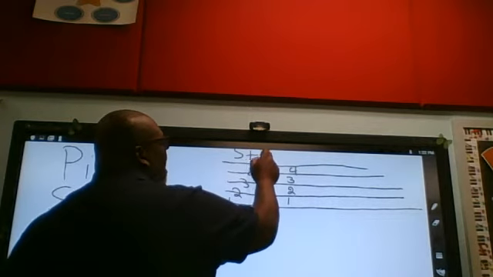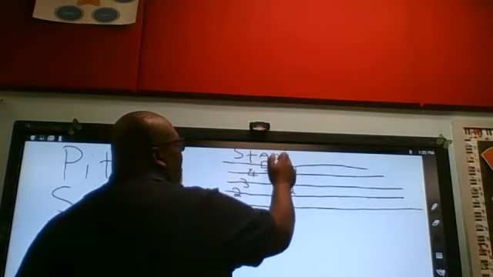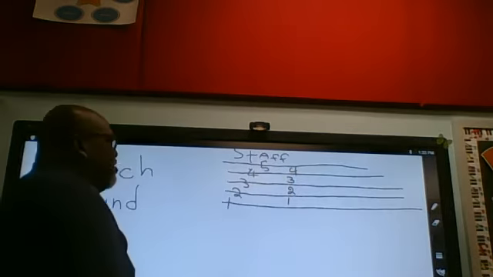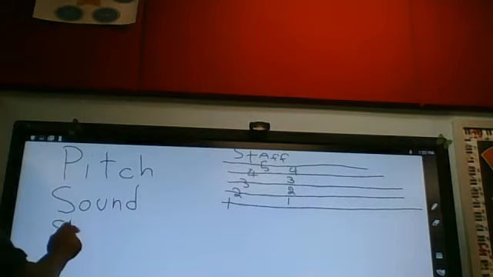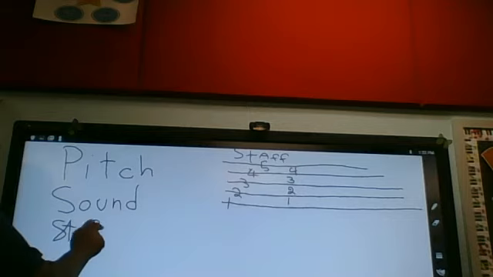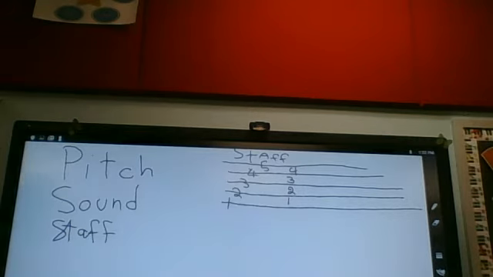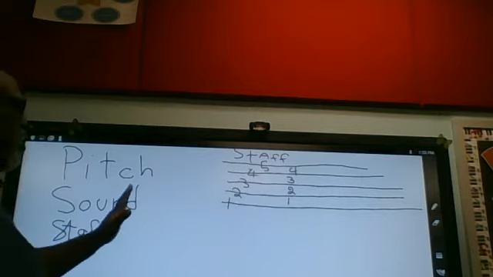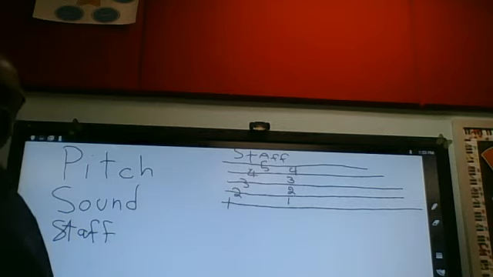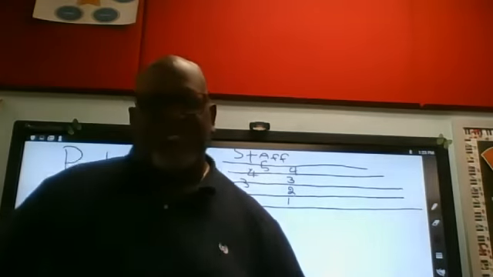S-T-A-F-F. Staff, I'll write it over here too. STAFF. Staff. Okay, so a staff, boys and girls, 5 lines and 4 spaces on which music is written.